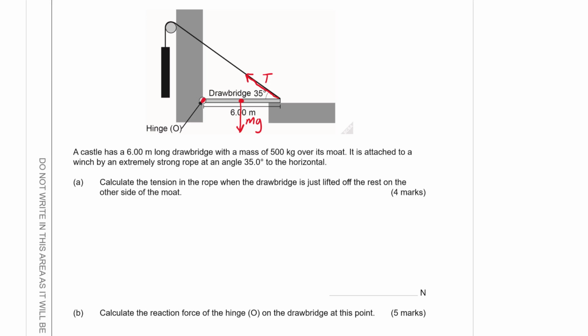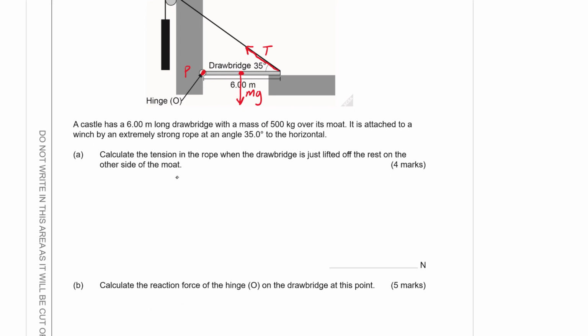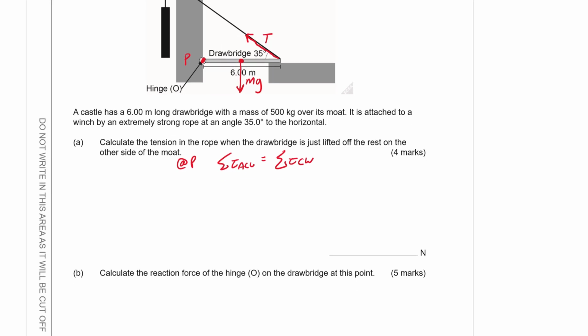I'm going to use the hinge as my pivot point, which is the obvious place to take it, and then start from there. So at P, the sum of all the anti-clockwise torques is equal to the sum of all the clockwise torques. So the anti-clockwise torque will be the tension, so it's just going to be rT sin theta, is equal to this side, which is going to be rmg sin theta.